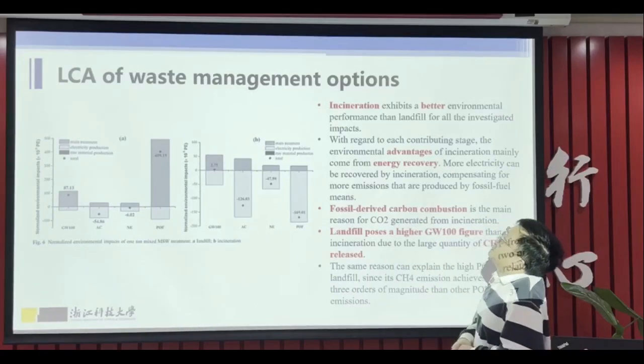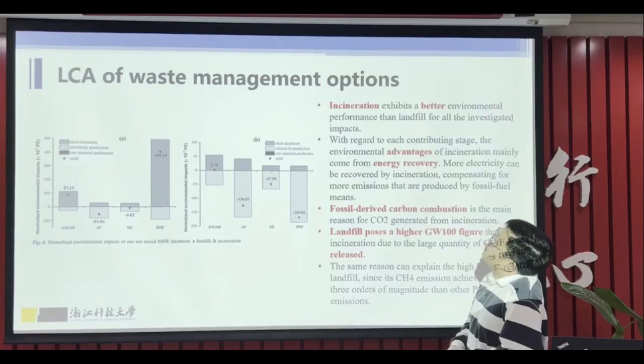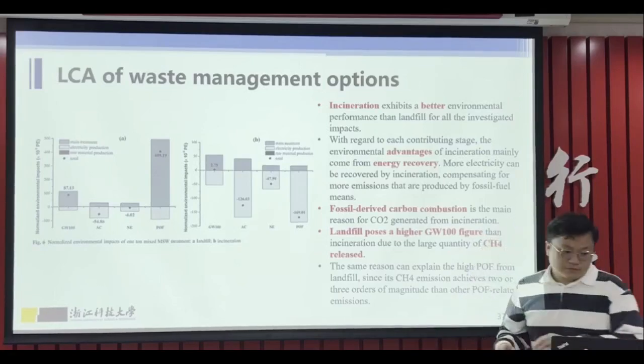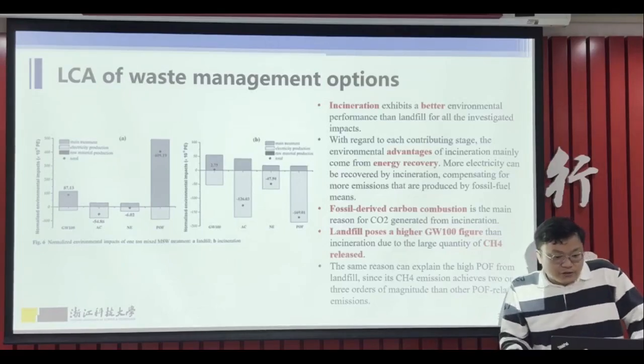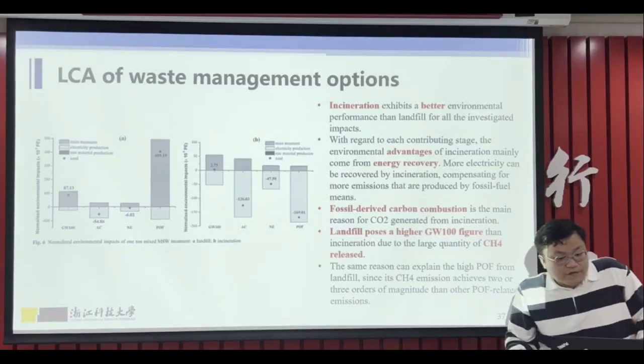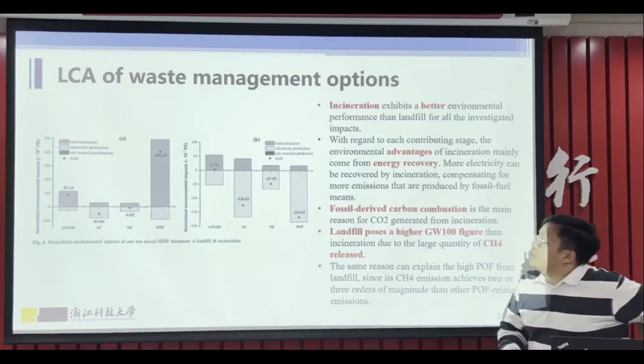All the environmental impact categories are decreased from incineration compared to landfill. And with regard to each contribution stage, the environmental advantages of incineration mainly come from the energy recovery.